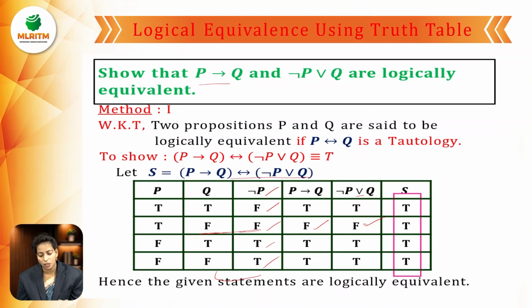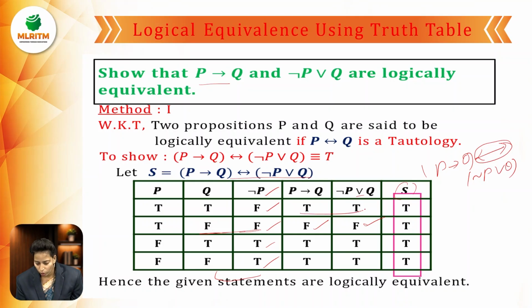Show that P implies Q and negation P or Q are logically equivalent by using the truth table method. There are two ways: one is that the last column is all true, the second is the LHS equal to RHS method. So P implies Q, double implies, negation of P or Q. This is called biimplication. The biimplication truth table says that if both are the same, then the result is true; otherwise it is false.